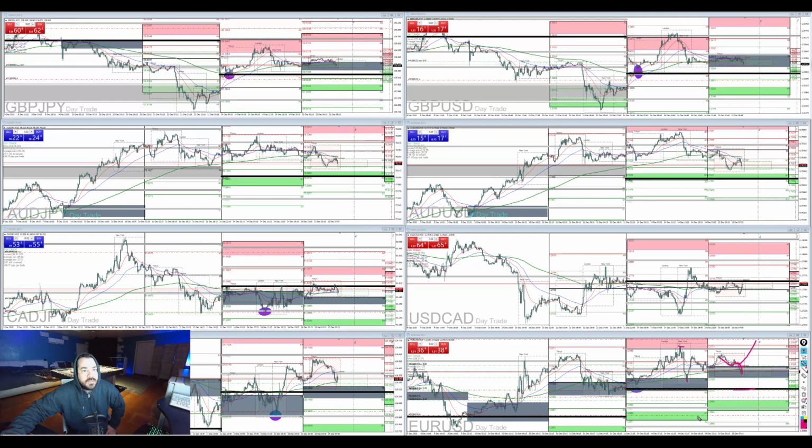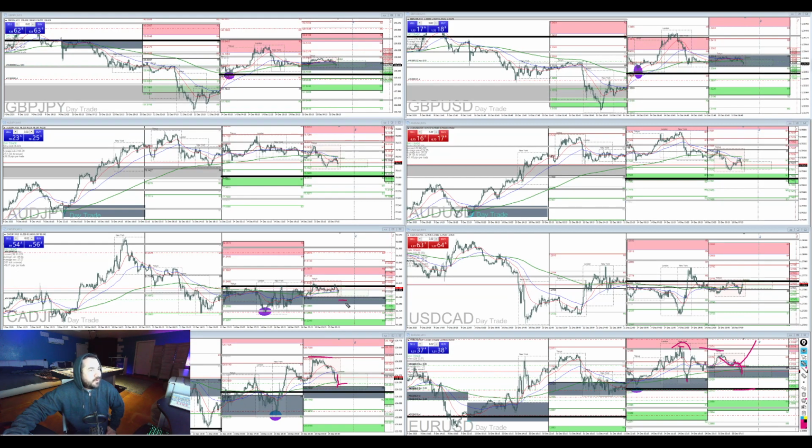I don't like how we continued down like that. But it's Tuesday. We also turned around right here at the S2. Same thing here. Getting a little bit better of a rebound off central pivot, where we did take that trade right there on the Euro Yen.